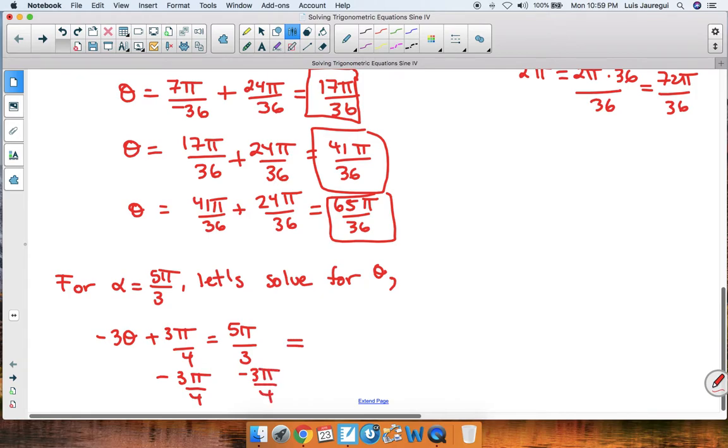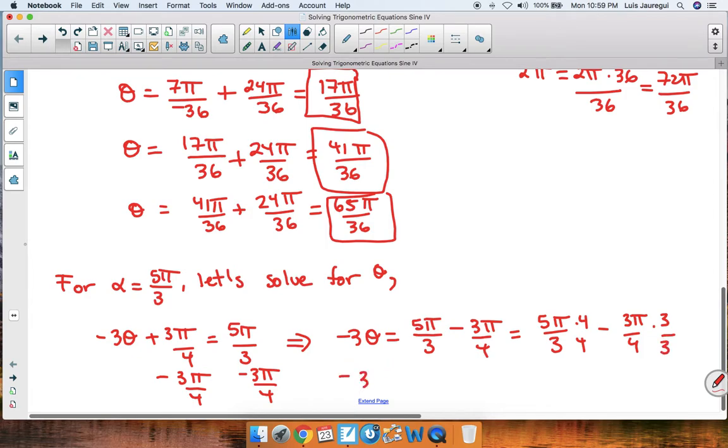So this leads you to have negative 3 theta is equal to 5 pi over 3 minus 3 pi over 4. Now looking for the common denominator, we notice that it has to be 12, so we can multiply the 5 pi over 3 by 4 over 4, and then we can multiply the 3 pi over 4 by 3 over 3.